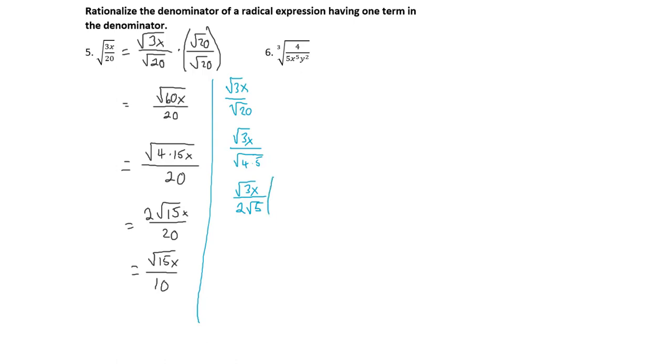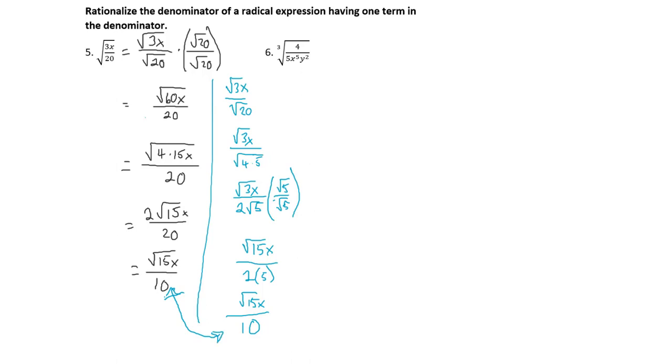Now I can multiply by square root of 5 over square root of 5. And when I do that, I get square root of 15x over 2 times 5, which becomes square root of 15x over 10. So it's up to you whether you simplify first and multiply by a smaller number, or if you multiply by the bigger number and then simplify at the end. But at the end, you can see that those terms are both the same.